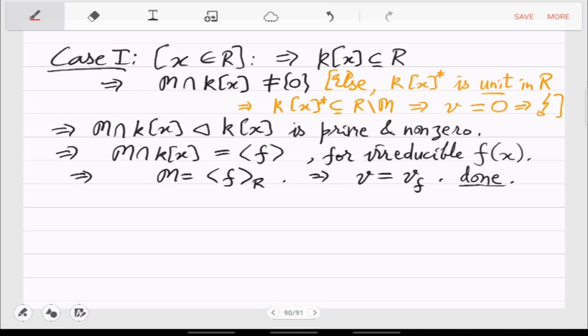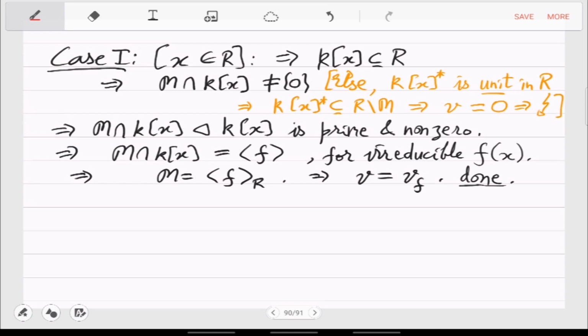So it transfers to M. All you wanted was some polynomial inside M. So f times R is a subset of M. If you find an element common to M and K[x], then you have found the generator.